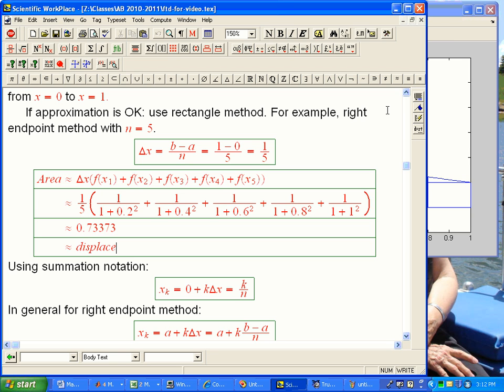How far from whatever starting point you had, the displacement of this particle from time 0 to time 1, if the velocity is given by f of x. If f is the velocity.